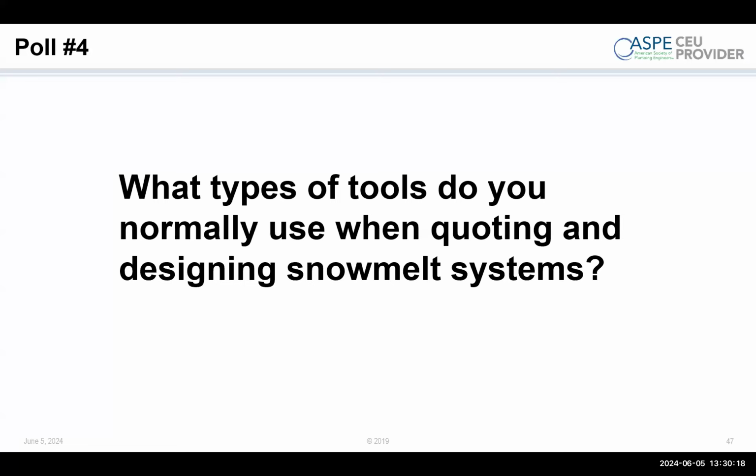Yeah, we haven't really seen any additional coming in. I know you guys do have a specific snow melt system designer, correct? Yeah, there are a lot of tools out there in the market that you can use. And there's really no one that's better than the other. Just understand what the tool requirements are and what the outputs are.